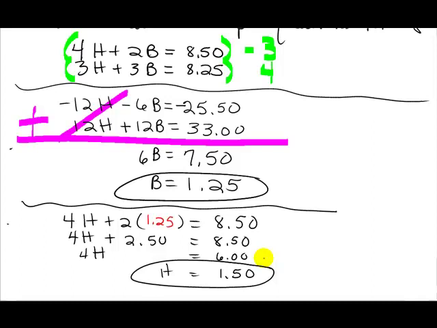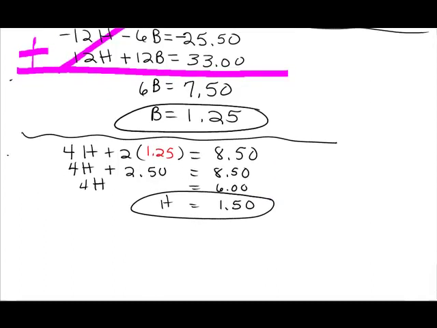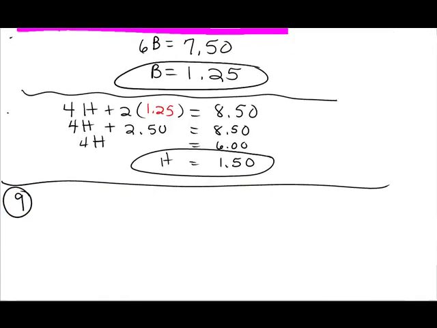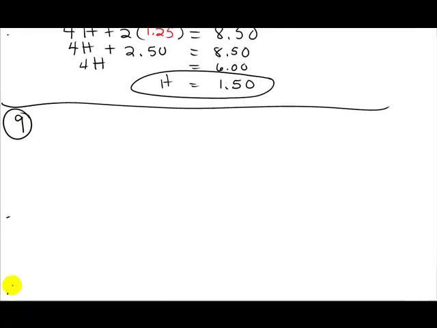Okay. Let us go ahead and look at number 9. And again, we're looking at translating. Two numbers total -14 and their difference is 4. Find the two numbers.